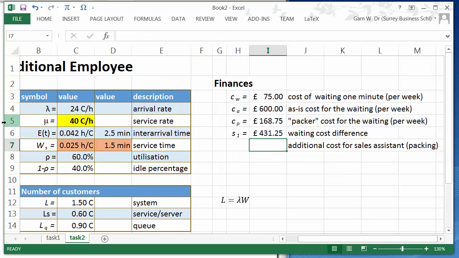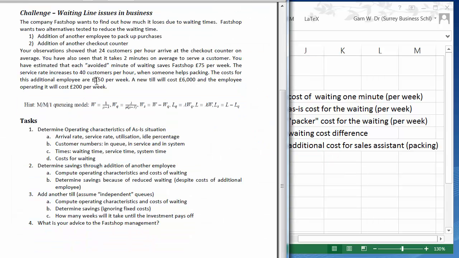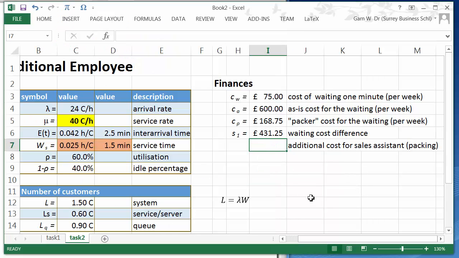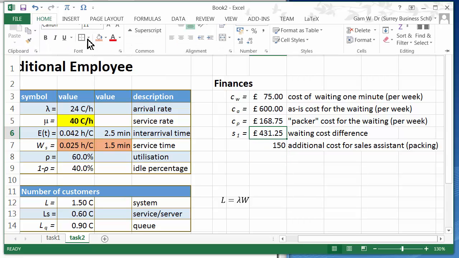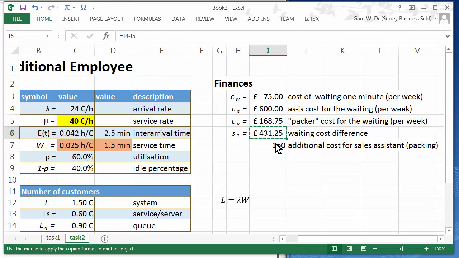How much is that? Let's check the specifications. These are 150 pounds per week. So 150 pounds. So this is another cost factor.